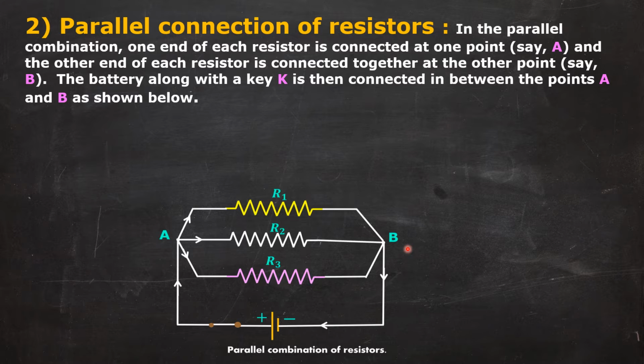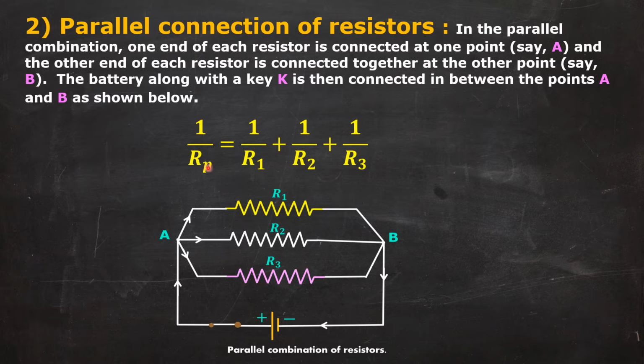So if these three resistors are connected in parallel between the two points, then what is the equivalent resistance? We derived the formula for the equivalent resistance in the previous video. Here I am giving you the formula directly without derivation.